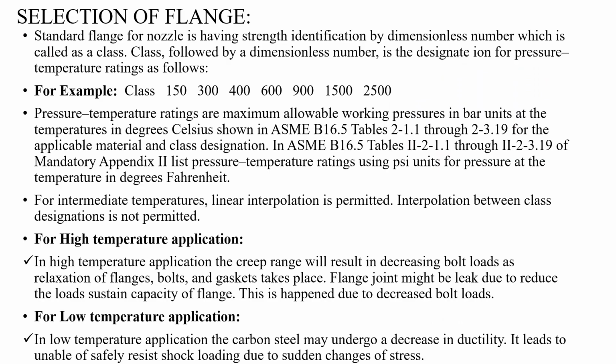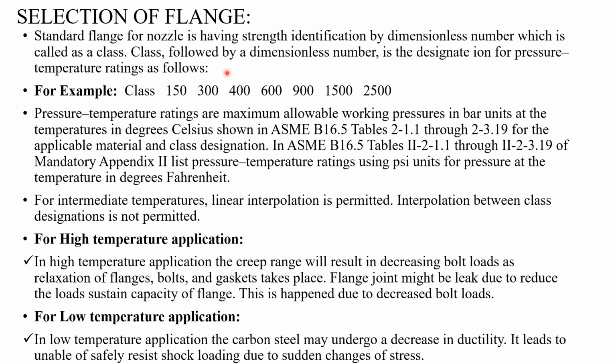So the first slide which I have put is about selection of flange. If you see my previous video, which is the basics of piping, you can find that there are different classes of flange, right? 150 class, 300 class, 400, 600, 900, 1500 and 2500 rating. These classes are dimensionless numbers, and to be precise, they are pressure and temperature ratings.